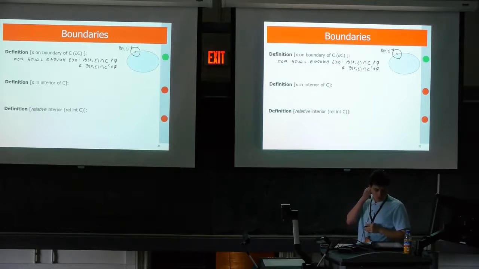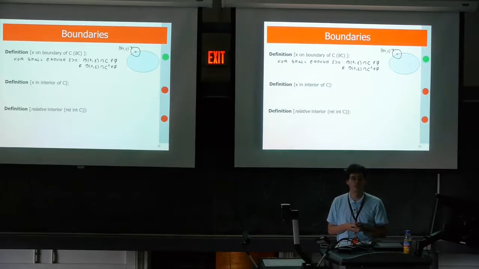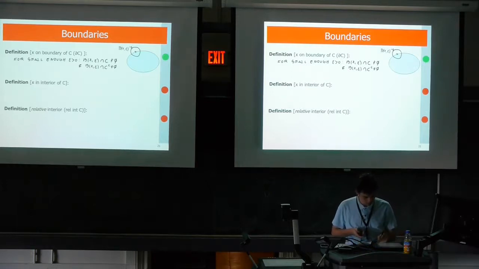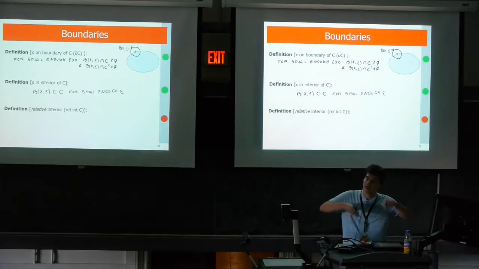So if we can find an epsilon such that the intersection of the set C and the ball is not empty, and the intersection of the ball and the complement of C is not empty either. Is it clear to those who have never heard about the definition of boundary? Good. So we say that x is an interior point of C if you can find an epsilon such that a small enough ball around x will be entirely in C.